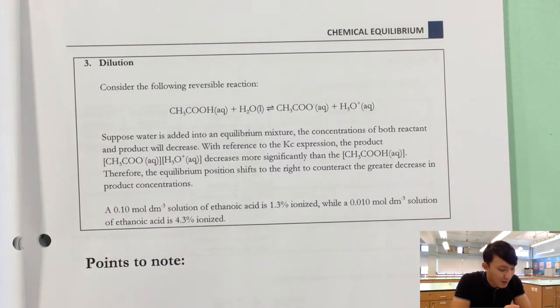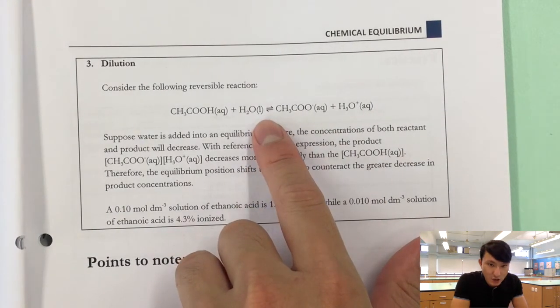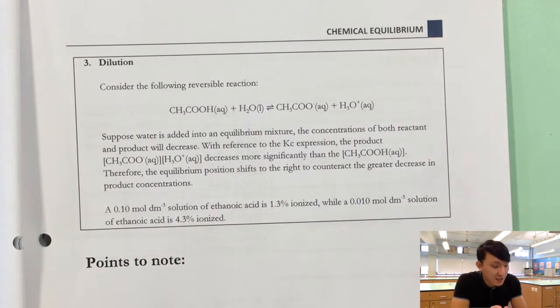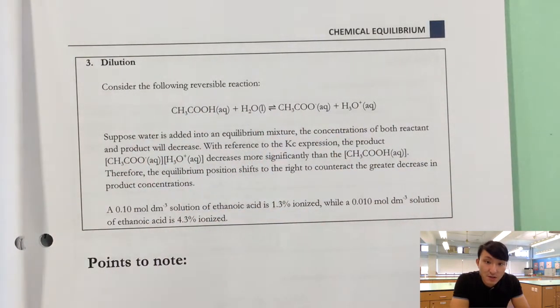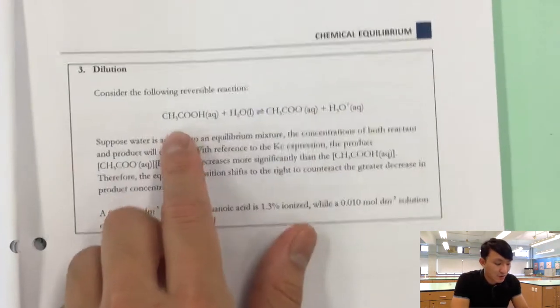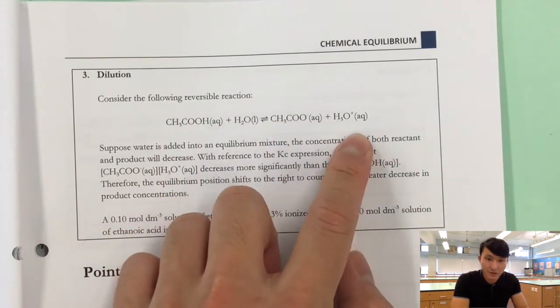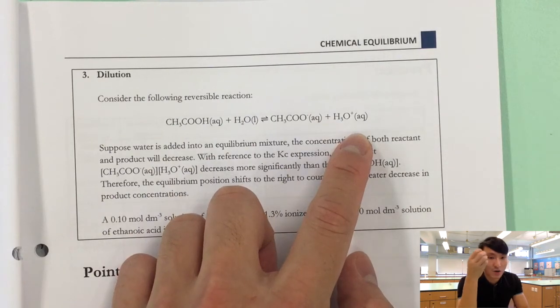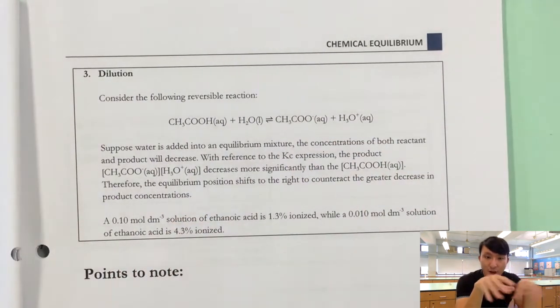Now, here is the part where we say that when we add water, actually the change is that all the reactants and products will have their concentration decrease. So this one decreases, this one decreases, this one decreases. So how can we tell whether the equilibrium will shift to the left or right when every concentration decreases?